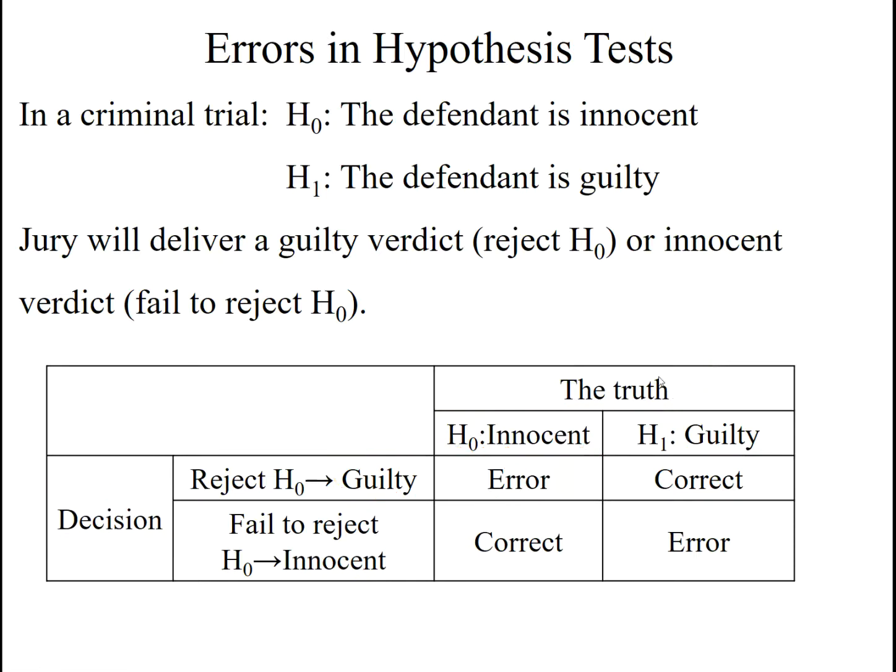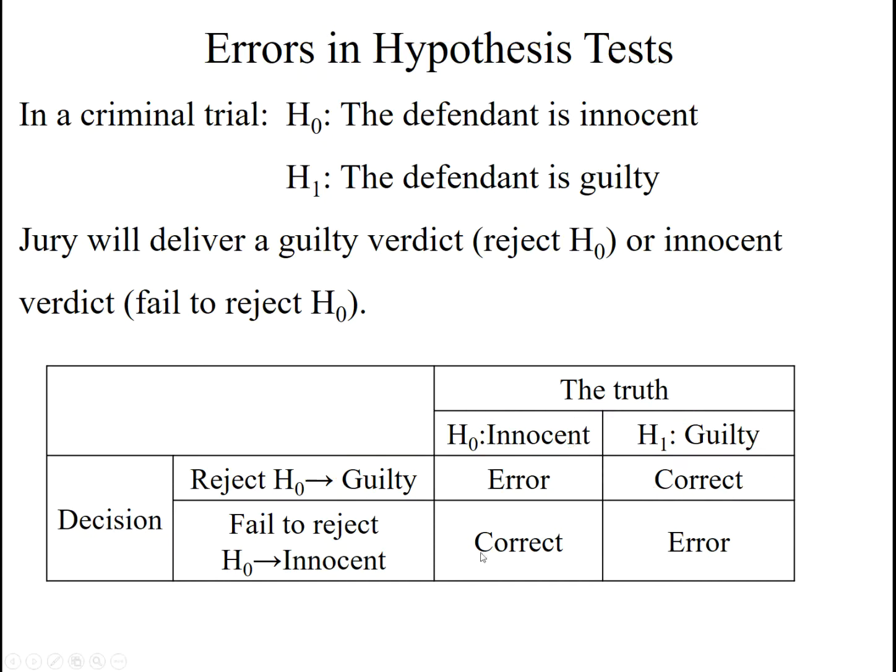All right. Now, if the defendant is guilty and the jury delivers a guilty verdict, that means rejecting H0. This is a correct decision, so nothing wrong with that. Now, if the defendant is innocent and the decision of the jury is fail to reject H0, that means announcing the defendant is innocent.